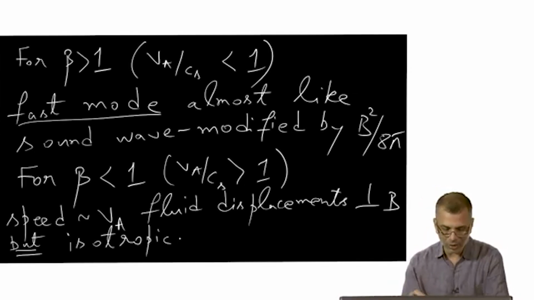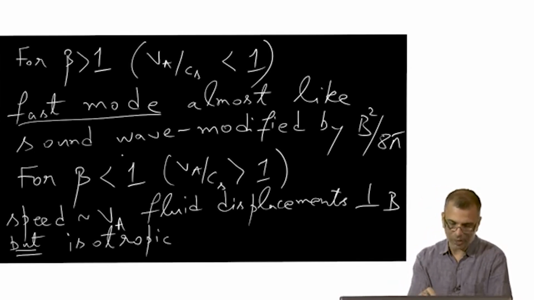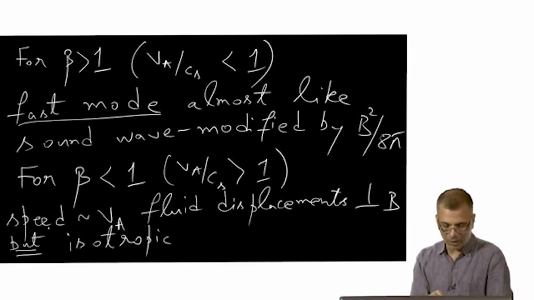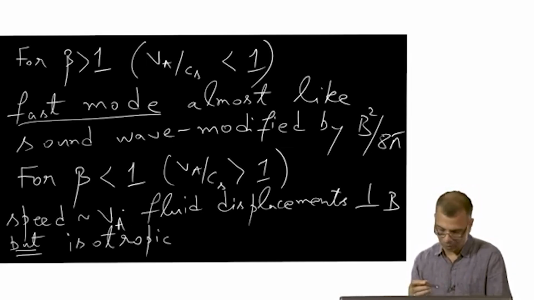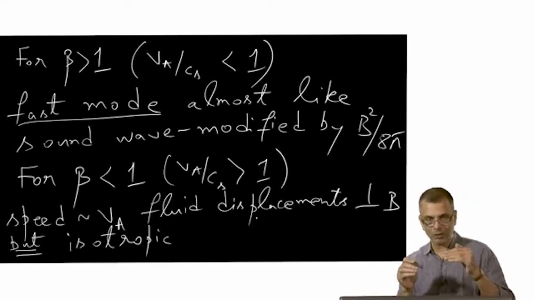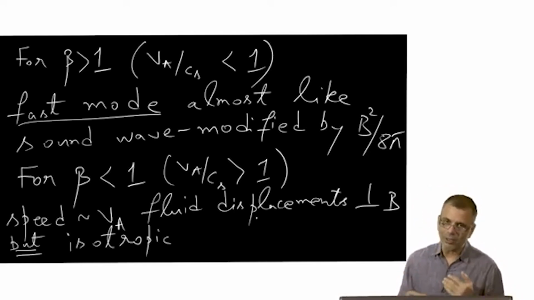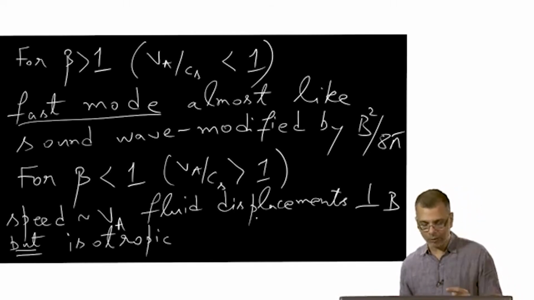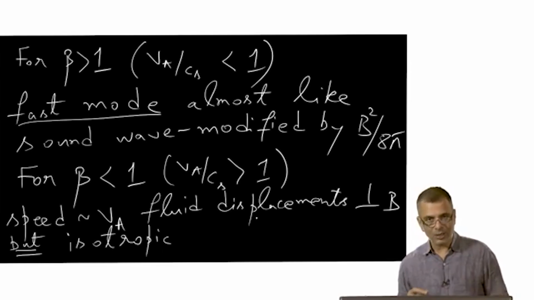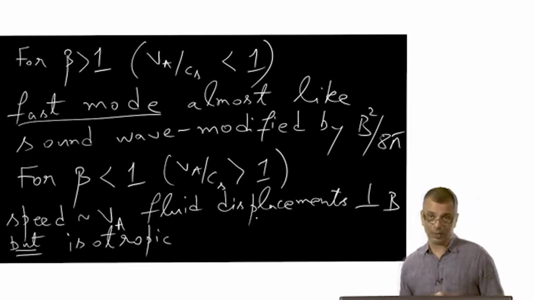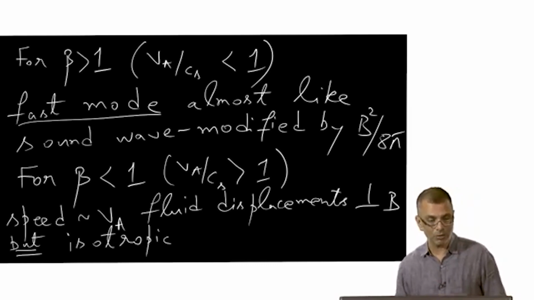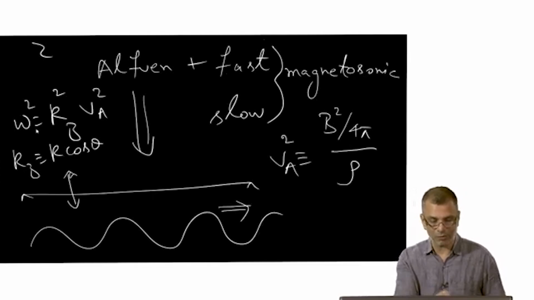So in these two respects, as in the beta less than 1 limit, it is like the Alfvén waves, in that it propagates at almost the Alfvén speed, and the fluid displacements are also perpendicular to B, so it starts looking like a transverse Alfvén wave. However, the dispersion relation is such that the theta dependence is very weak, unlike the case for an Alfvén wave, for which the dispersion relation does have a very strong theta dependence.